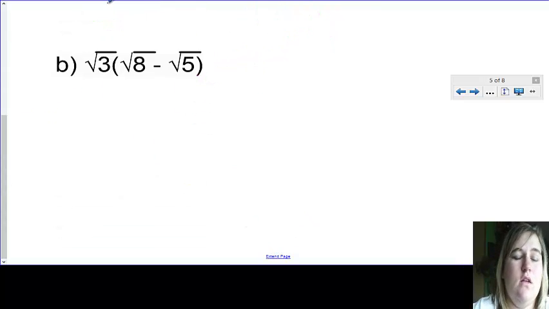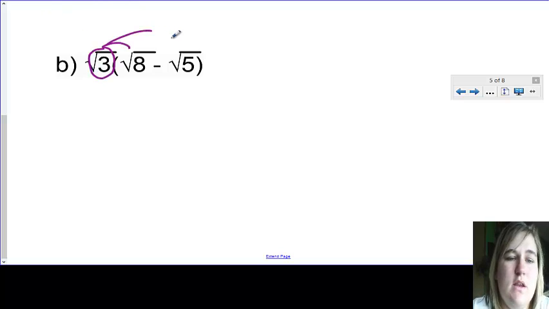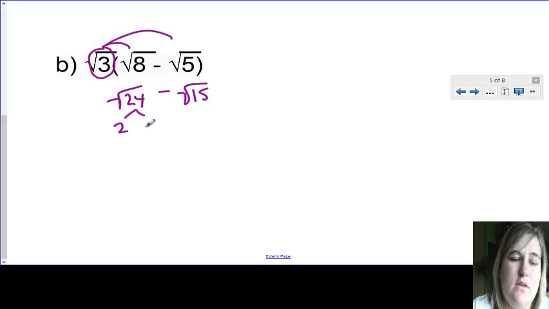On B, we're doing the same thing here. I'm going to take this radical 3 to everything on the inside, which gives me radical 3 times radical 8 is radical 24, minus radical 3 times radical 5 is radical 15. So factor tree 24.